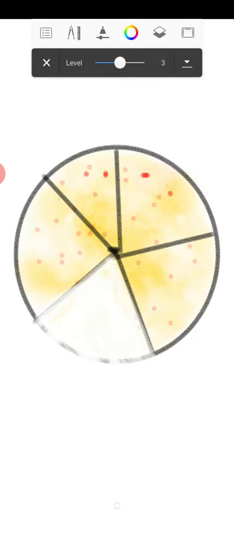So now, if I ask you what the ratio of the piece that is eaten to the rest of the pizza is, we can write it as 1 colon 4, right?